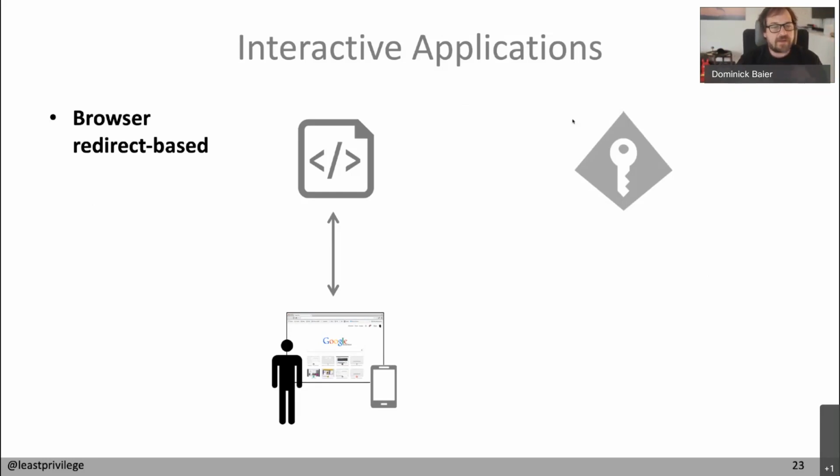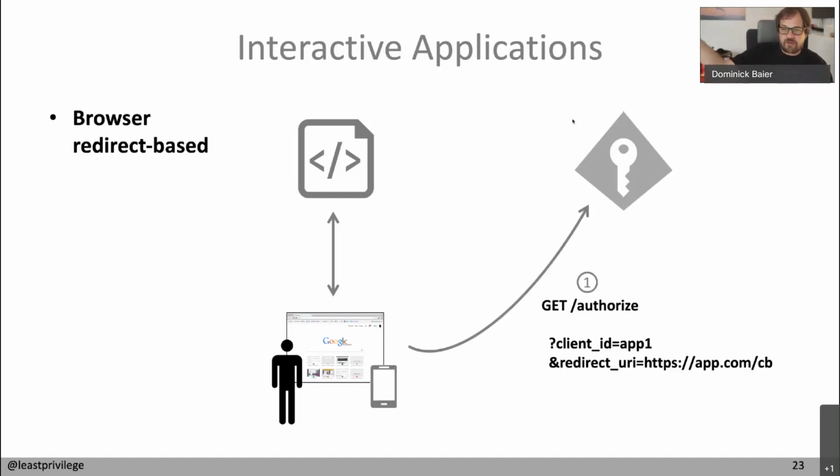Since the whole browser-based interaction is based on sending people back and forth, these back and forth things are very interesting targets, right? So just to summarize, how does a browser-based flow work? Basically, you send the user agent to the authorization server. The authorization server shows the UI to log in the user, maybe do consent and these things.